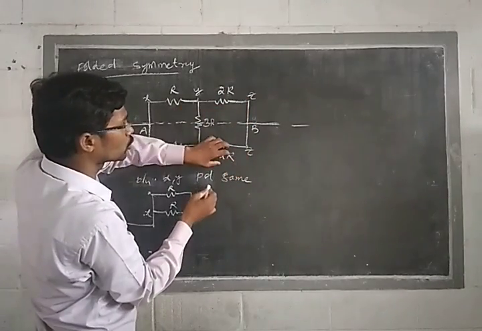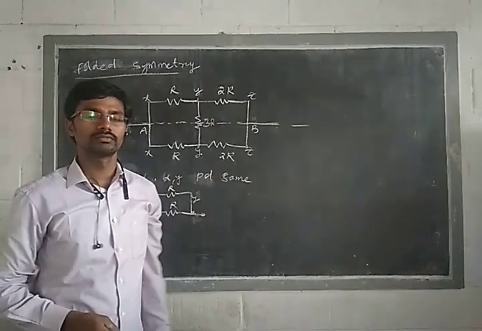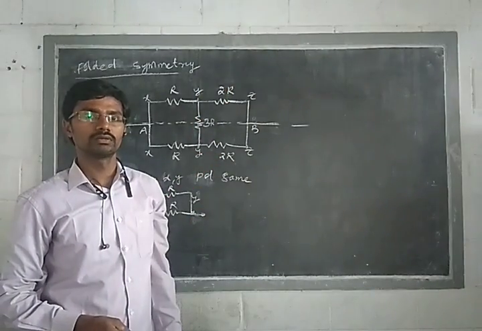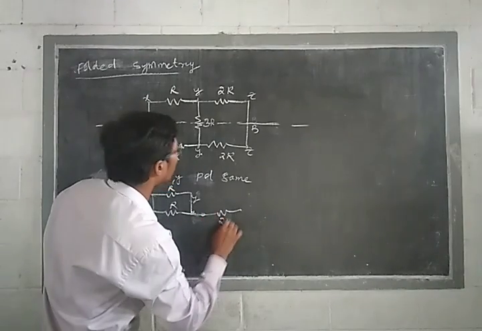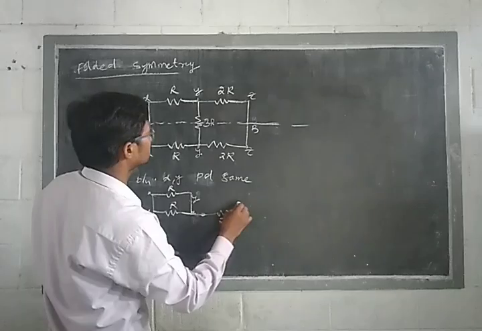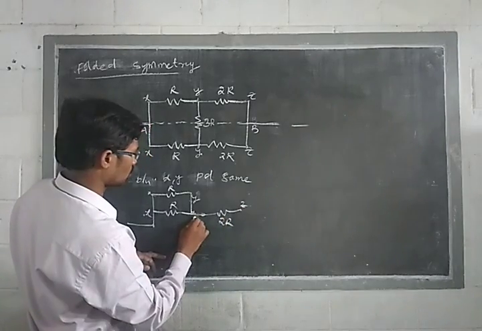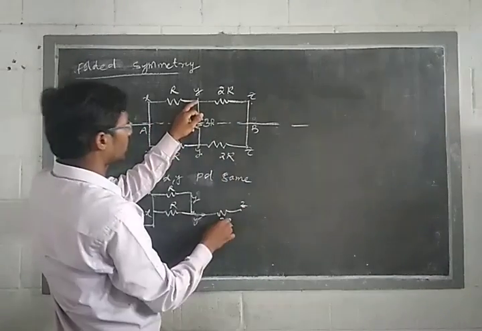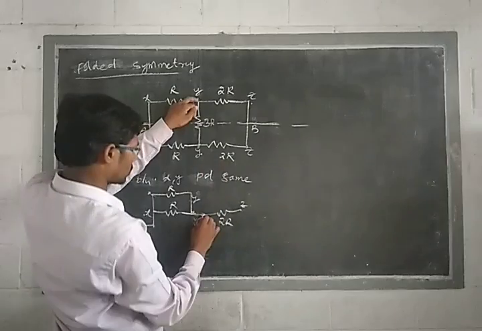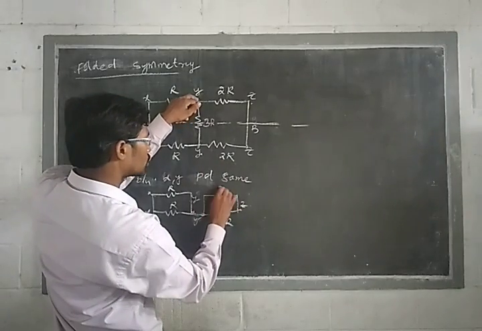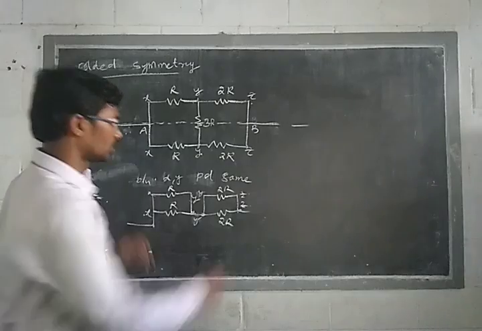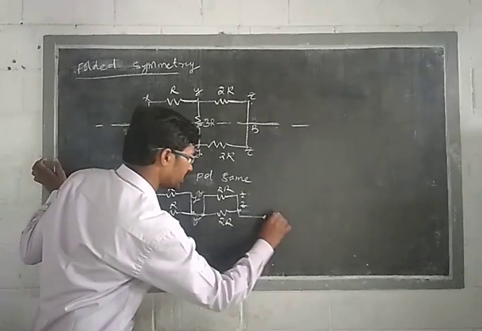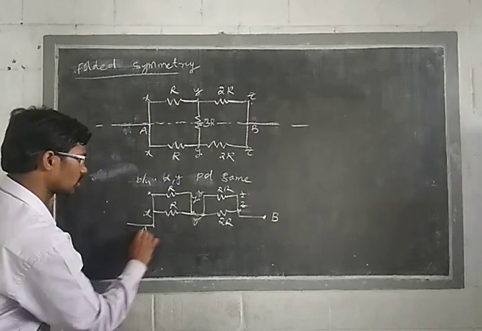Then 2R and 2R are in parallel combination. Then let me write here 2R. So here it is Z, here it is Y. Y and Z, 2R, and this is also at the same potential. So Y and Z, these 2R. Now this is nothing but B, and here it is nothing but A.